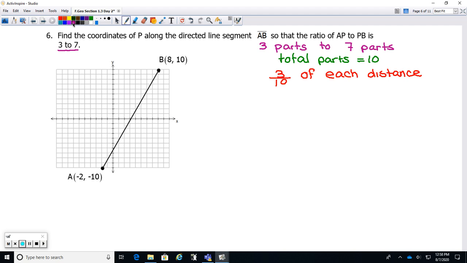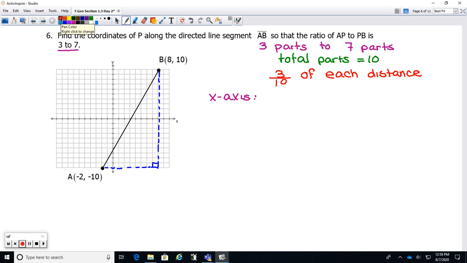So I'm going to start with the X axis. Let's go ahead and sketch in what the total distance is so I can know what 3/10 will be. So I have drawn in a vertical and a horizontal line here to figure out the total distance.